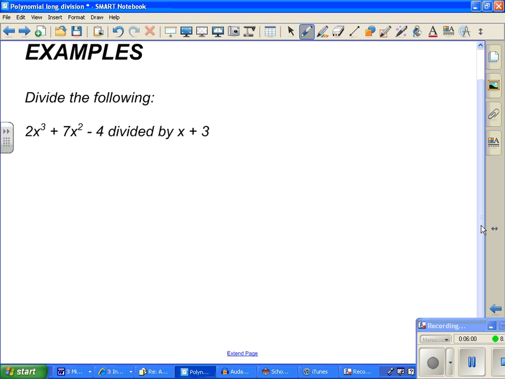Okay, we're going to have 2x cubed plus 7x squared plus 0x minus 4. If we had 307, we still have to put that 0 in there to hold a place, don't we? We don't make it 37.